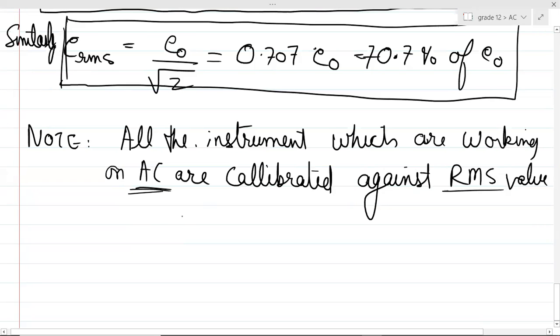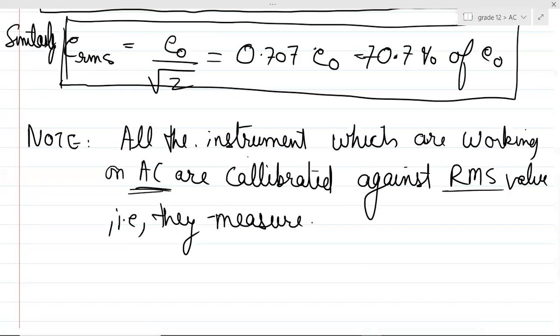For example, if I have an alternating current galvanometer, AC galvanometer, that is basically a galvanometer which is used to measure the AC current, right?